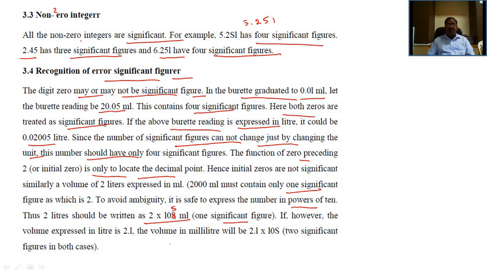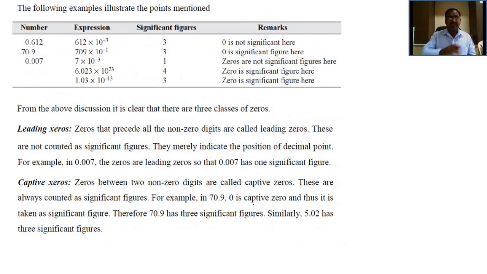If, however, the volume expressed in liters is 2.1, the volume in milliliters will be 2.1 into 10 to the power of 3. What does it mean? Here, before the multiplication, the digits that are there are considered as the significant figures. The following examples clearly illustrate this.